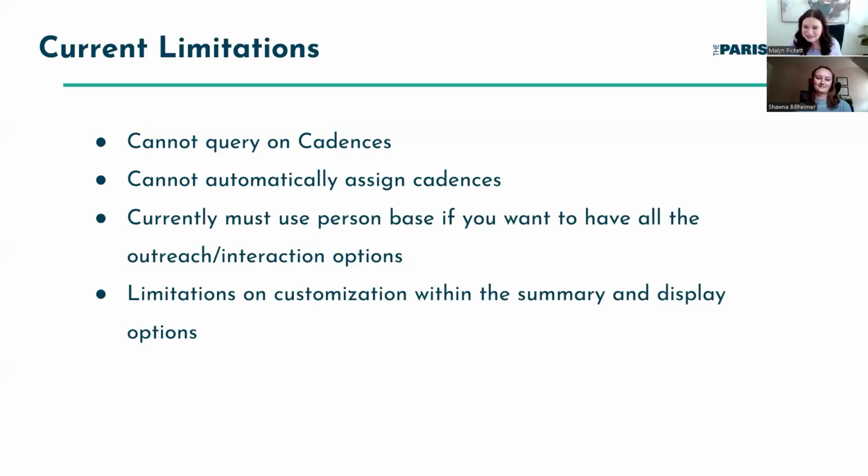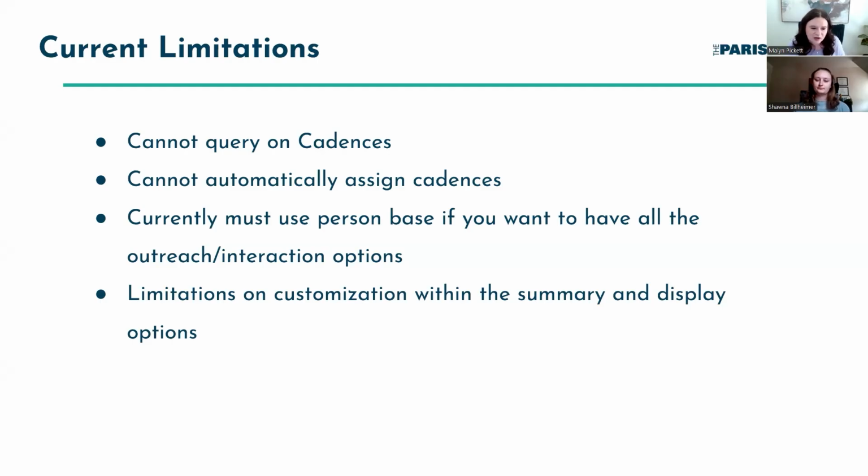Since outreach options and interactions do not show when you build assignment lists from anything but the person base, it makes it challenging to build for all scenarios or requires the use of joins in many places. So again, it would be nice to be able to create those assignment lists from different bases and still have those outreach options.